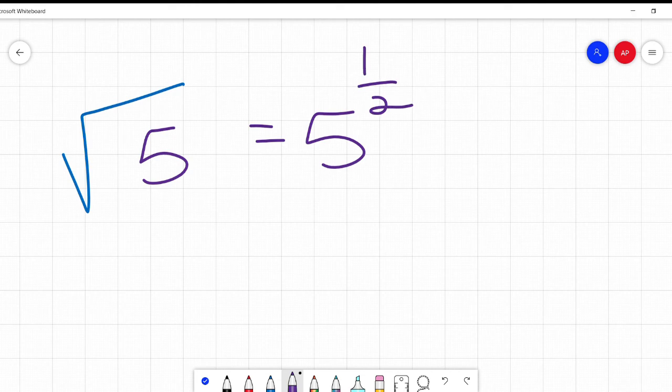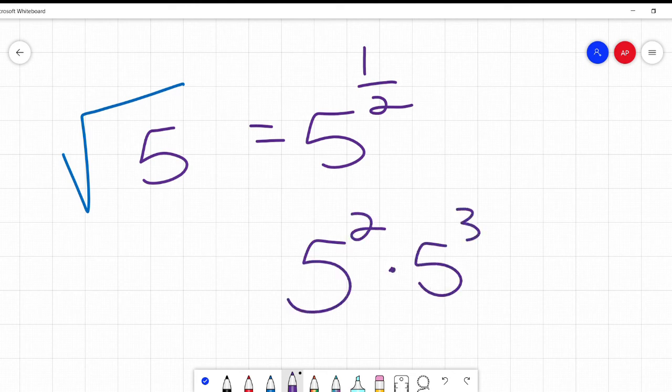Okay? Now this still obeys all of the rules we talked about in the previous parts. For example, when we said 5 squared times 5 cubed, we add those together. 2 plus 3 is 5. It still works here.